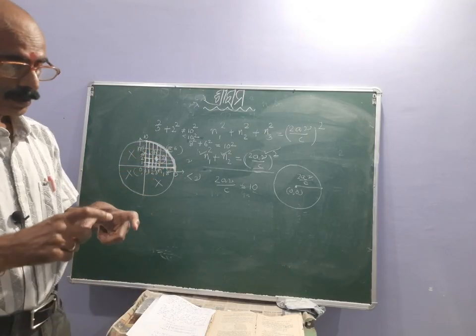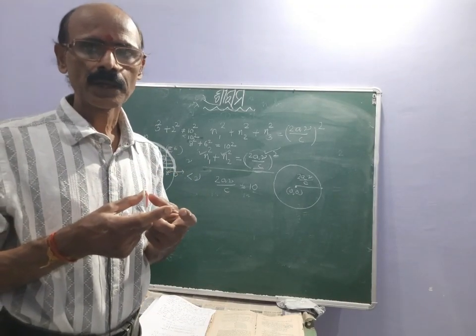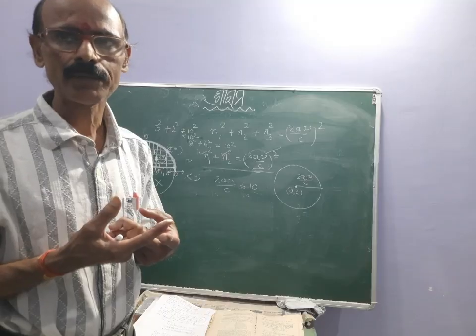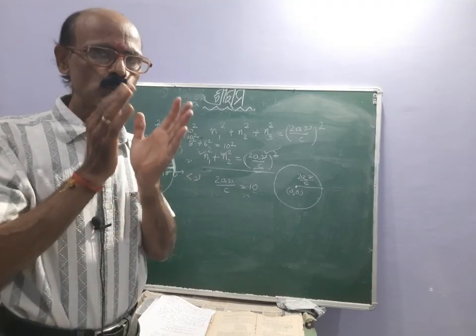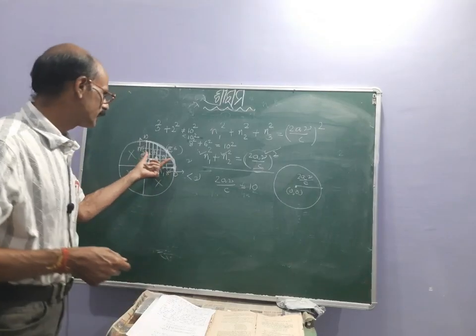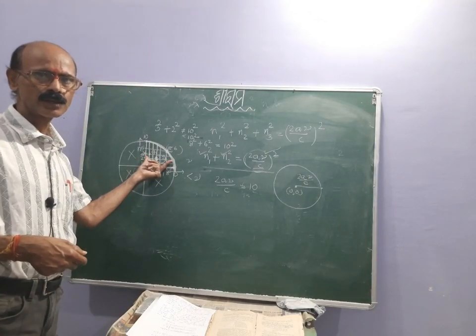And since the number of squares represents the sets of modes of vibration, the total number of sets of vibration is equal to the area of the quadrant. You are understanding?